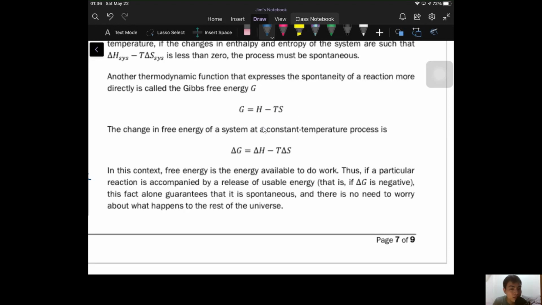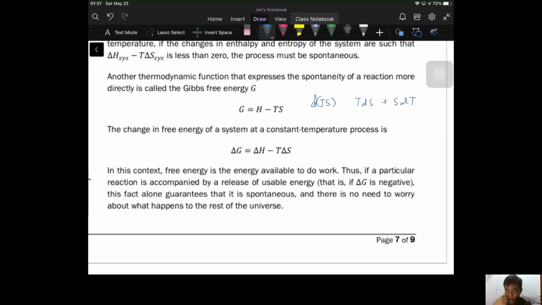Okay. So if you get the derivative of this at constant temperature, for example, in an isothermal process, you will get dG equals dH minus the derivative of TS. What is the derivative of that? That's T dS plus S dT.